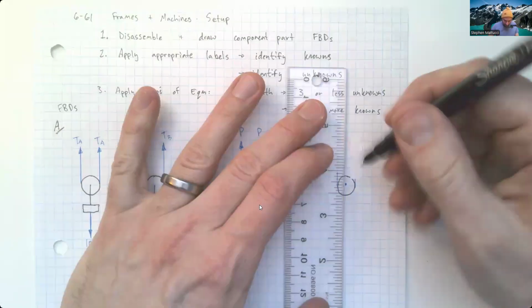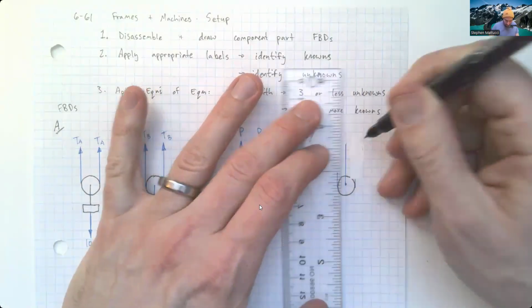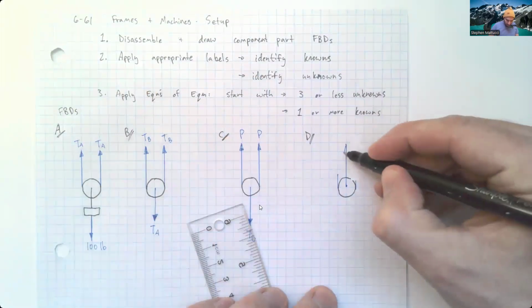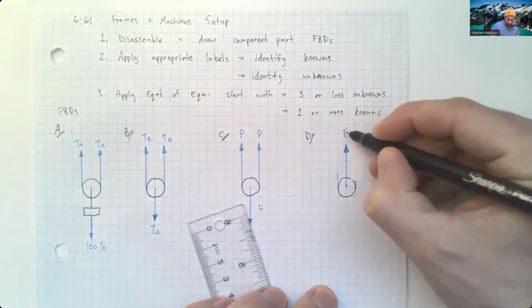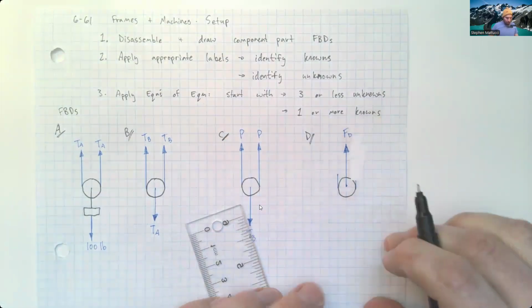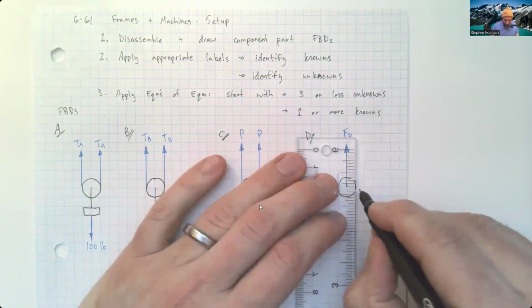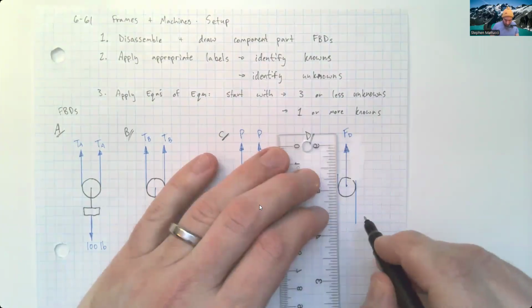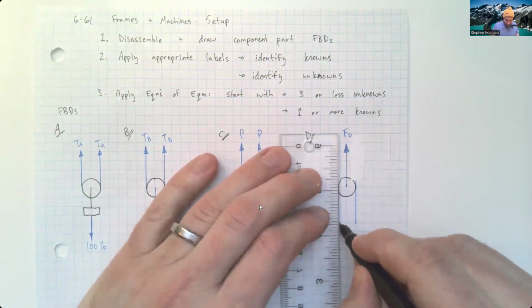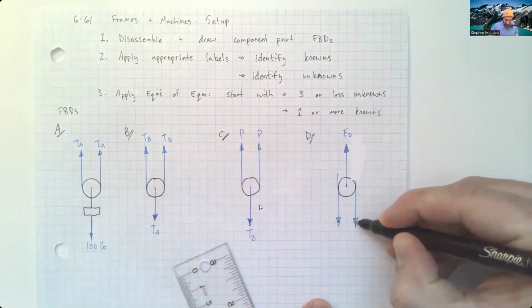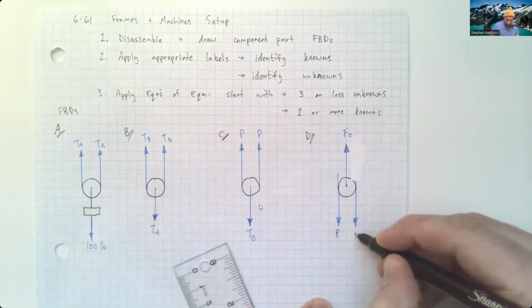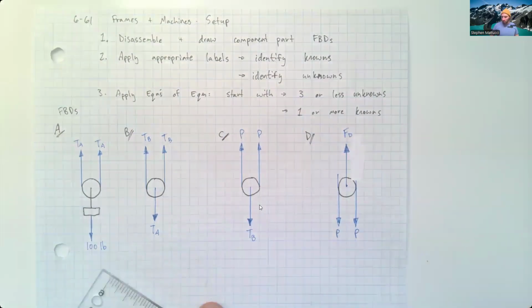Pulley D is actually attached to the roof with one cable like this that we can call force at D. And then it has the same tension P acting down on both sides.